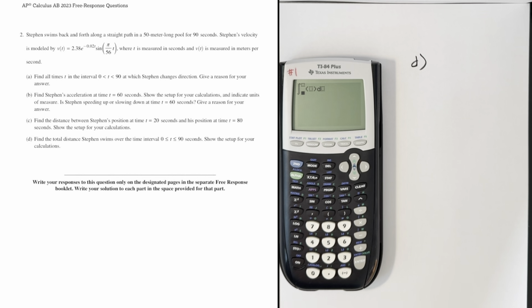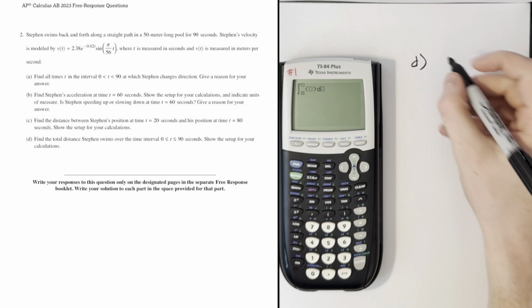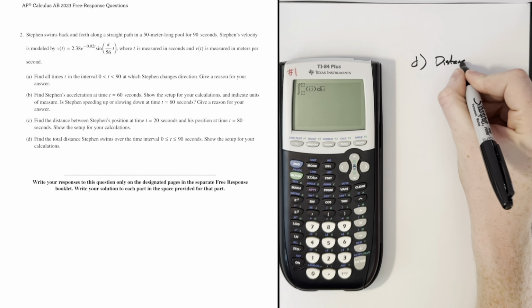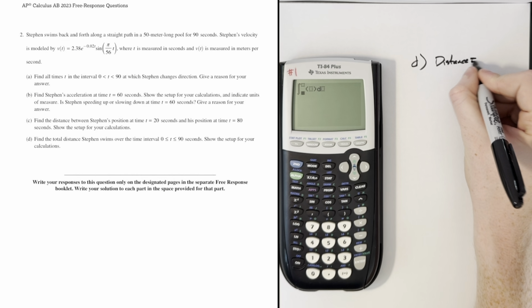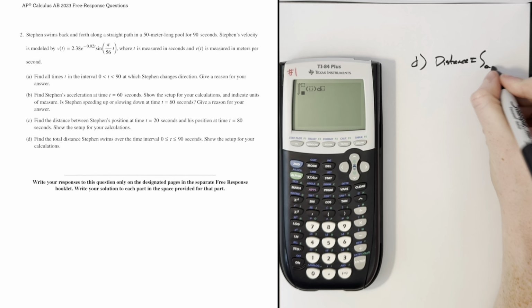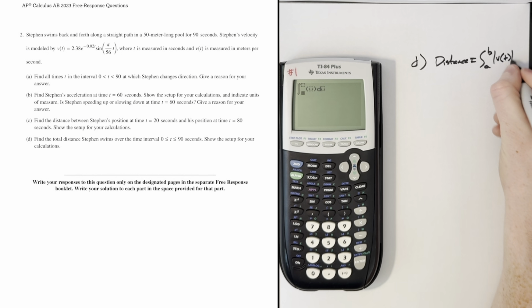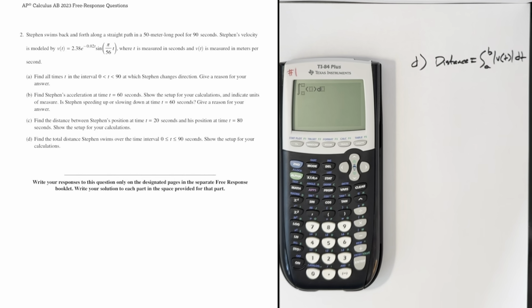I talked about the 6 things you kind of need to know. One of those things is that distance is equal to the integral from a to b of the absolute value of velocity. Now, we talked about displacement being just the plain old integral of velocity.